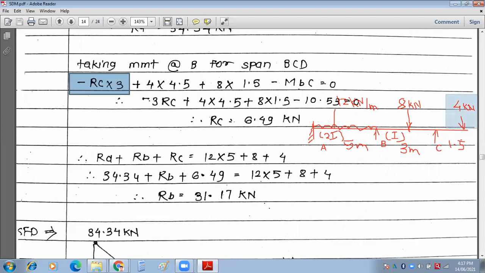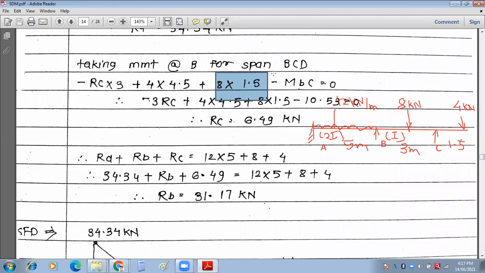Then this one is the point load, 4. From B the distance is 4.5, it makes a clockwise moment, therefore 4 into 4.5. Then this 8 kilonewton point load, 8 into 1.5, this will be the perpendicular distance.